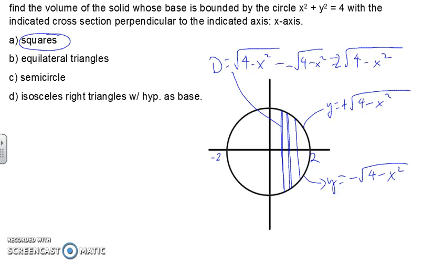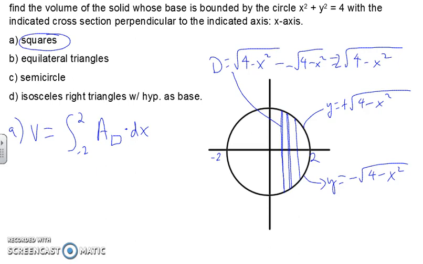And so ultimately in part A, to find the volume, I know the volume is the integral from -2 to +2 of the area of each square times dx, its width, which is infinitely thin. And then I'm going to take the sum of all those.